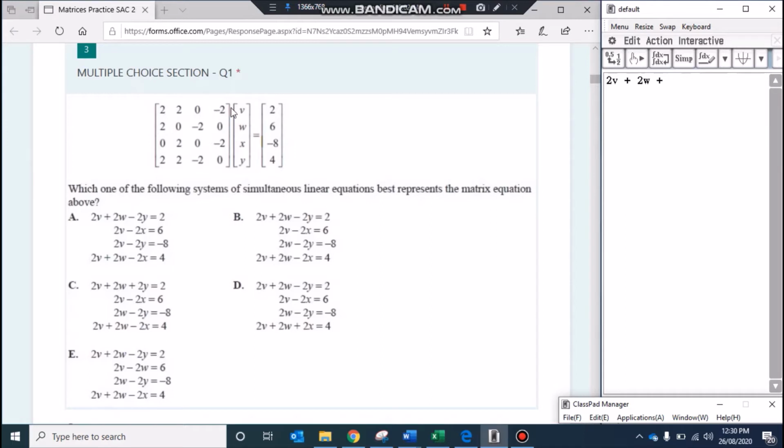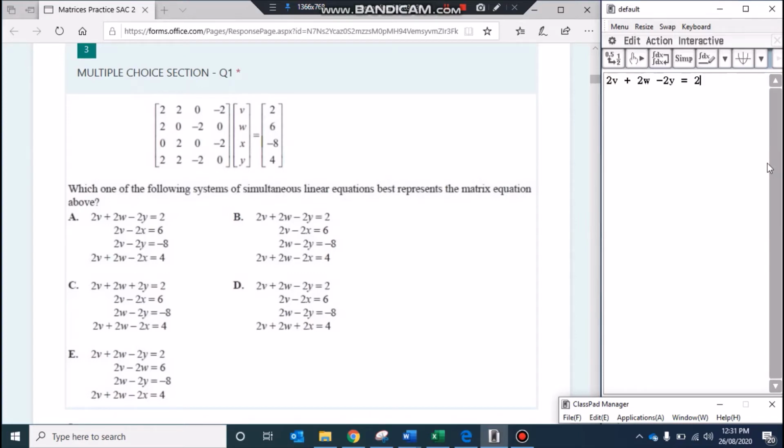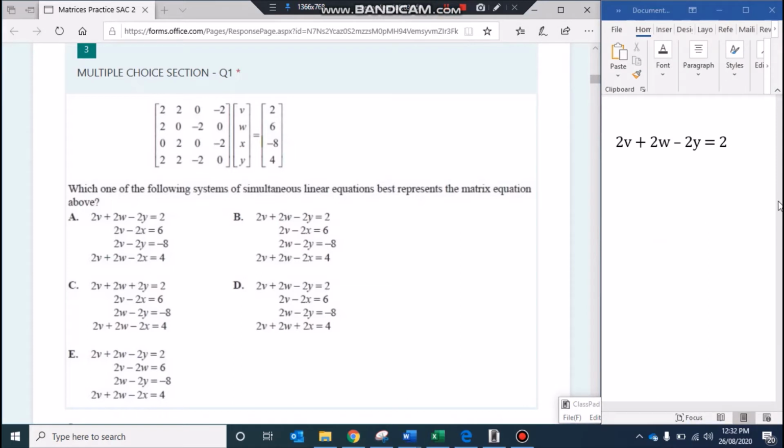And then finally we've got negative 2 times y, so it's actually minus y. And that equals 2 because that's our first element here. So that's going to be our first one. I put that in words so it's a bit easier to see.